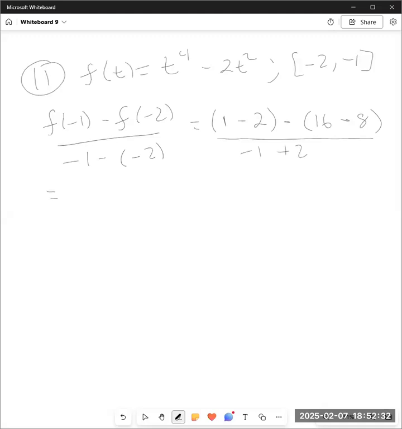So that is -1 minus 8 over 1 is -9 over 1 is -9.